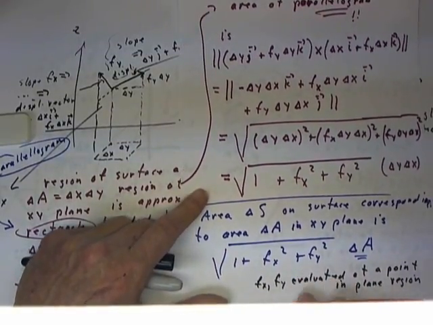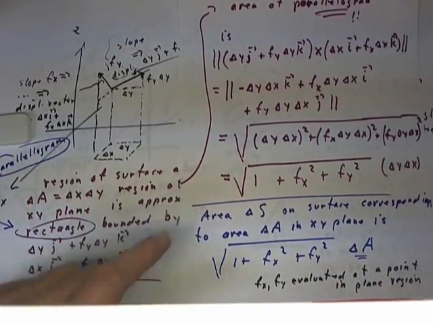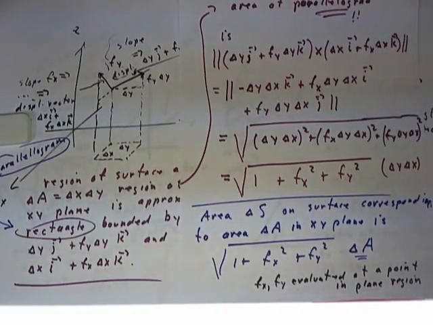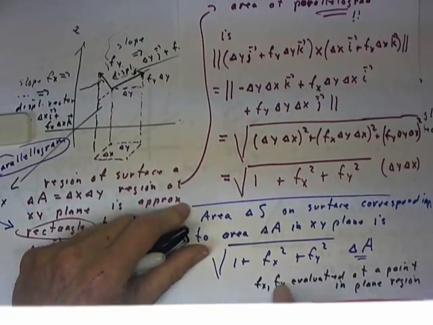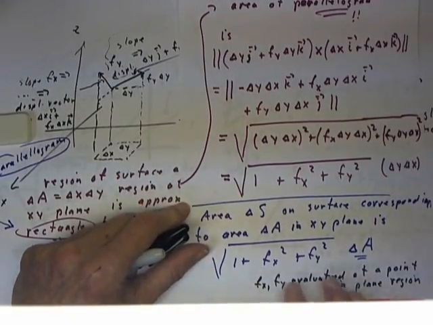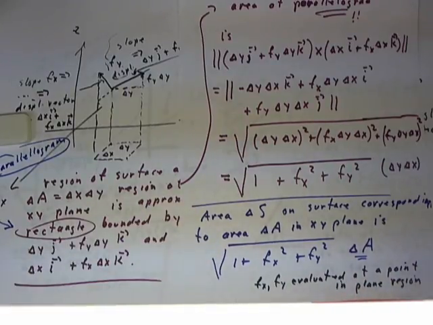Now that's kind of a vernacular statement. We can make it more precise. Your textbook will make it more precise. But stated in these terms, we're going to be able to apply it now when we subdivide an interval by partitioning the x and y intervals or the r and theta intervals.